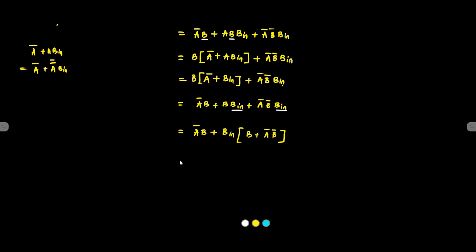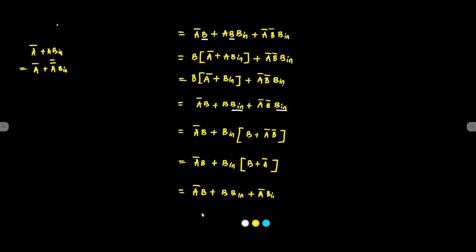Using the same Boolean algebra law, it will be B or A bar. Now if we open the bracket again, it will be A bar B or B Bn or A bar Bn.